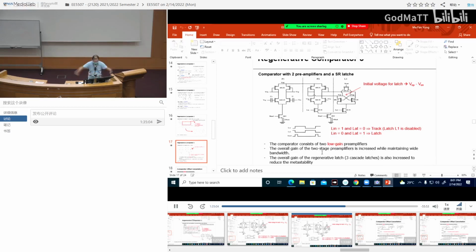Because with this circuit, you can get a bigger bandwidth of the preamp, which makes the preamp faster. Okay? And then we have two stages. Remember, this one followed by another L2 here. Okay? We have two stages of regenerative latch, to reduce the metastability.